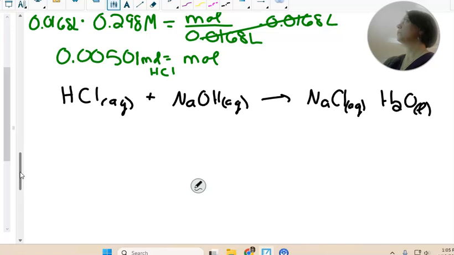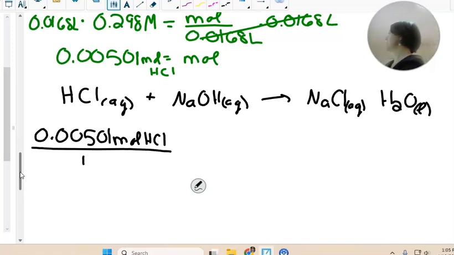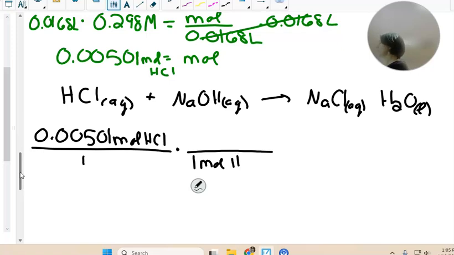So remember, when we're doing mole to mole, we start up with our original quantity. And yes, you are going to have to write out all these steps, even if you could do it in your head. Sorry. So down below, we're going to have to cancel that out. 1 mole HCl, so I can cancel out moles HCl, is 1 mole sodium hydroxide.